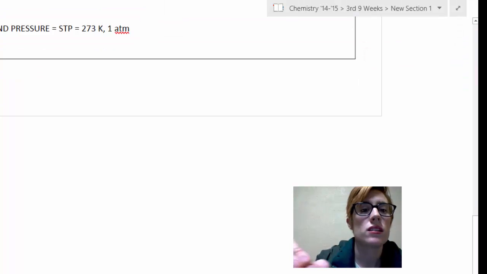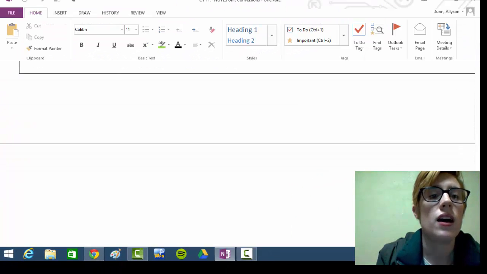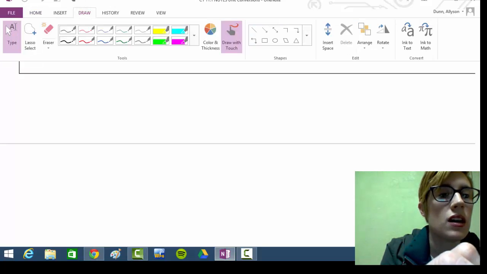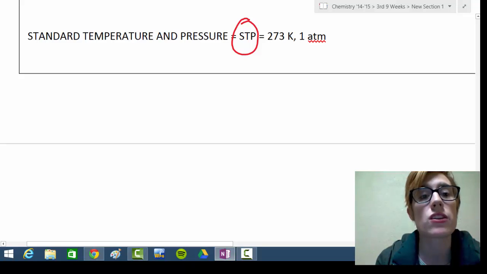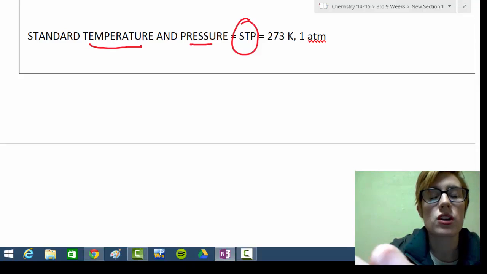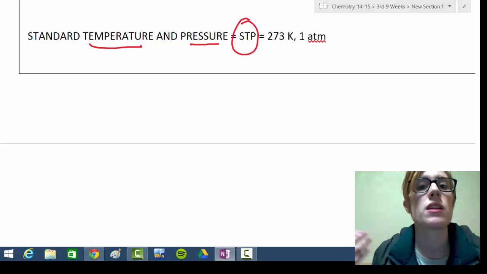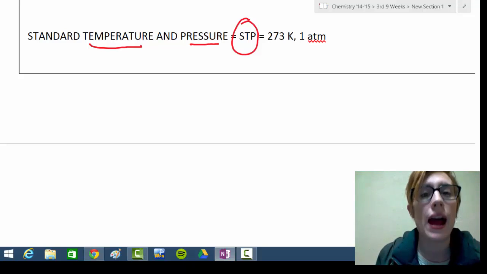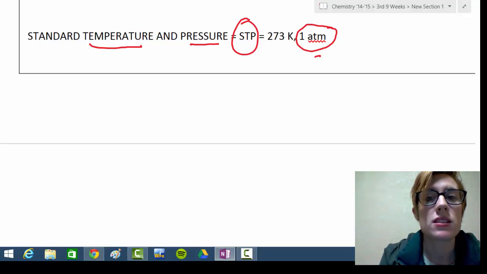And the last thing I just want to mention before we are done is something called STP. You're going to see this a lot in our unit. STP just means standard temperature and pressure. Standard temperature and pressure are just the temperature and the pressure of normal average conditions. And so 1 ATM is standard pressure.